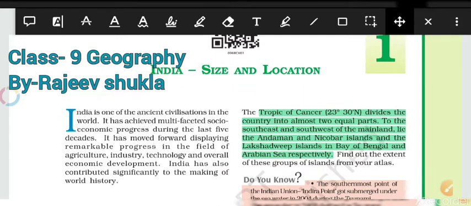So today we will discuss the first chapter of our geography book, Contemporary India and the World. The first chapter is India, Size and Location.